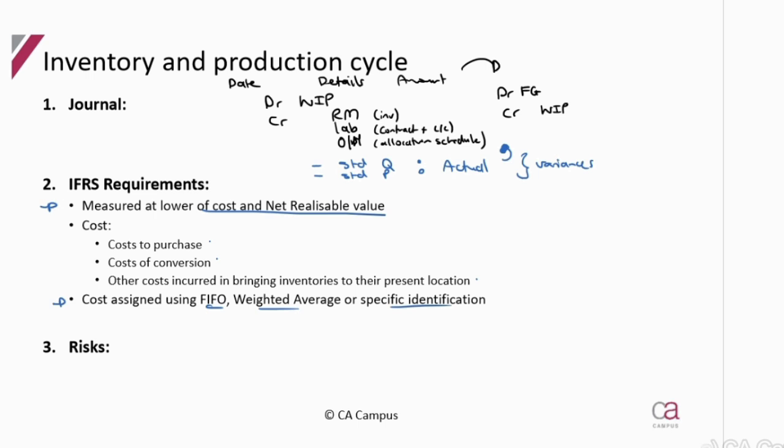And so your risks are going to be with regards to this balance: that they have inventory that doesn't exist because it's potentially been stolen, because it's potentially been sold and they haven't removed it, or that the inventory is recorded at the incorrect amount.